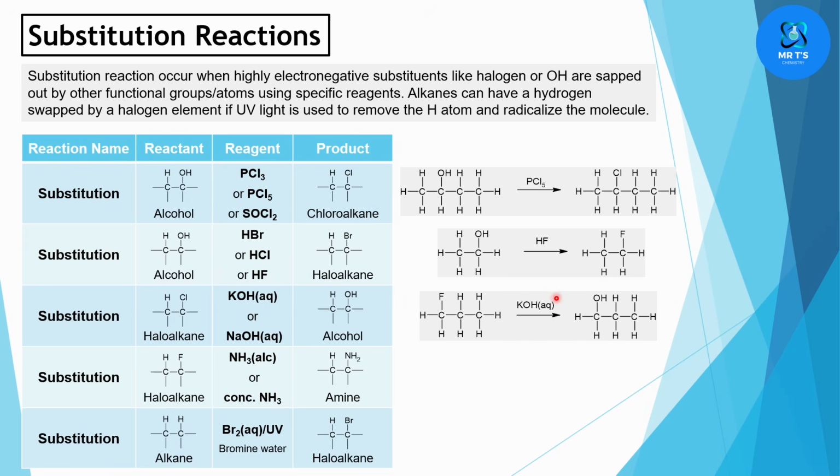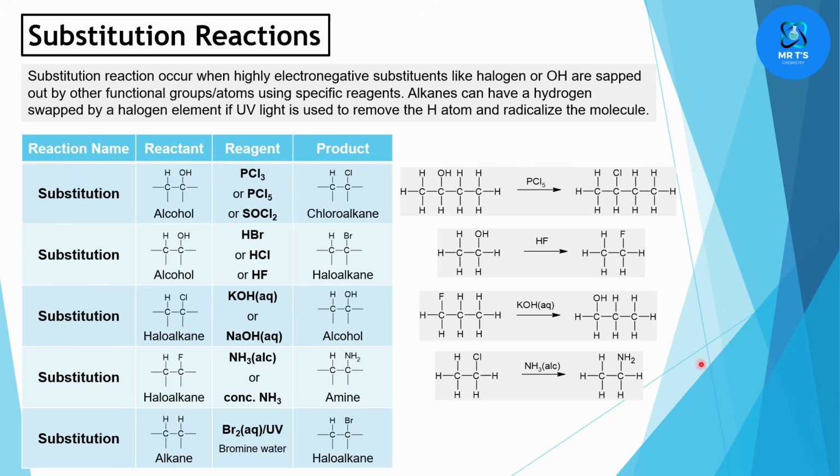So we put a bracket at the end of the reagent and write aq to say it's dissolved in water. Here notice we have a fluorine attached to the first carbon. We are replacing this with the OH that comes from the potassium hydroxide in the same position. In these substitution reactions, the reaction happens on the same carbon, the same position every time.